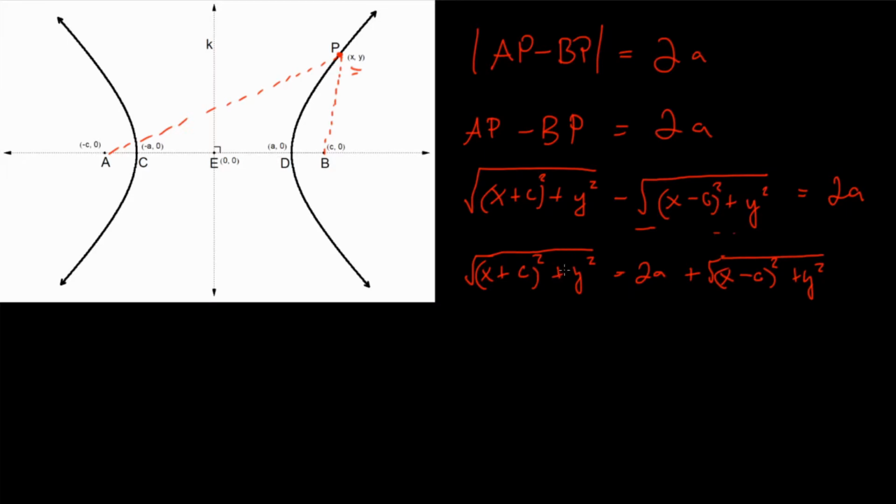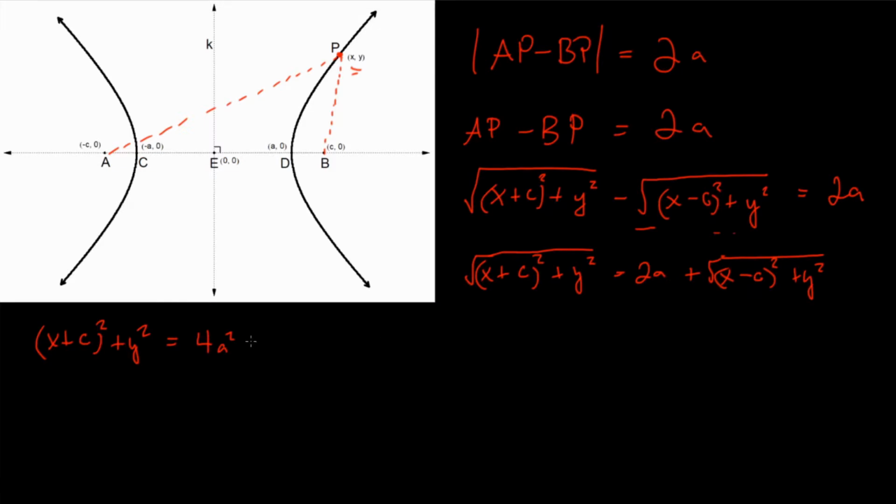Now we are going to do the worst thing in the world in algebra, in my opinion, and that is square square roots. So let's square both sides of this equation. The left-hand side will be (x + c) squared plus y squared. And then the right-hand side is going to be 4a squared, a squared plus 2ab plus b squared, that is our binomial square.